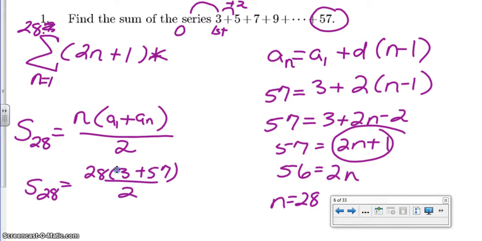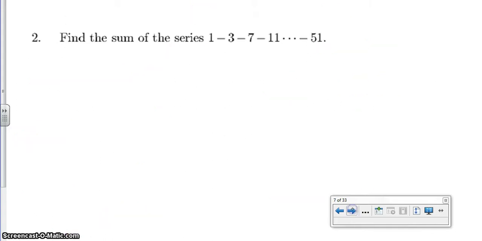Now, hopefully you have a handy-dandy calculator there. In this case, I'm going to do 28 divided by 2, which is 14. And 14 times 60 happens to be 840. So the series amount for these sequences with 28 terms happens to be 840. Let's go to the next problem.